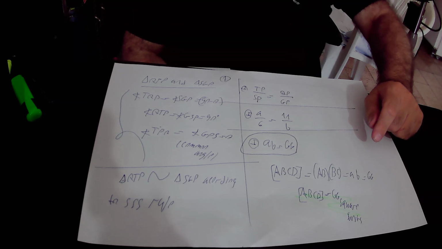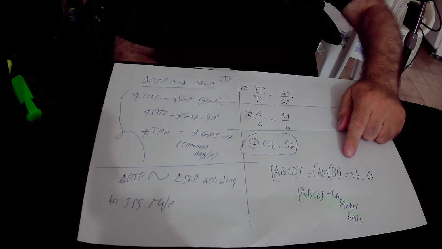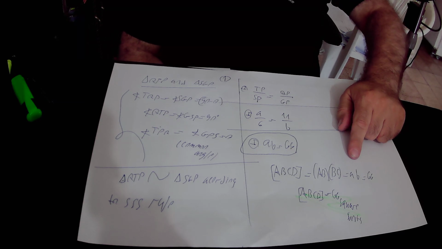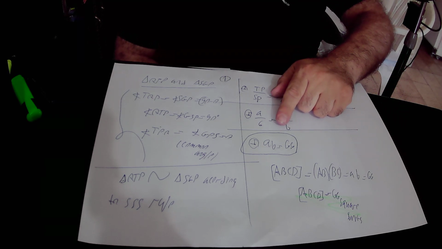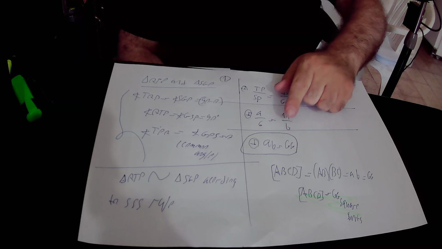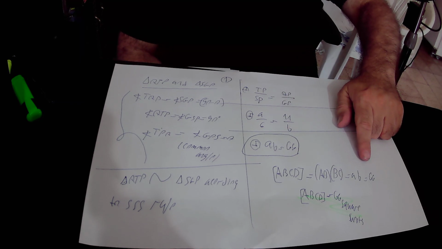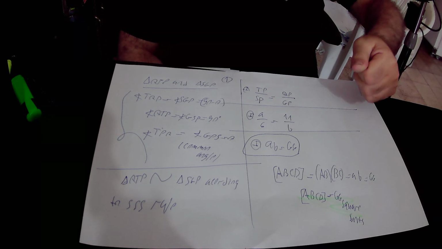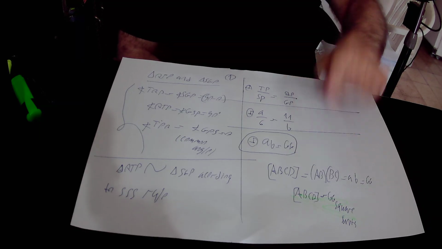The length AB is A, and the width BC is B, according to our definition. So in conclusion, the area of rectangle ABCD equals A times B. But we just found that, according to equation number 1, A times B equals 66. Therefore, we can write here that AB equals 66. And finally, the area of rectangle ABCD equals 66 square units.